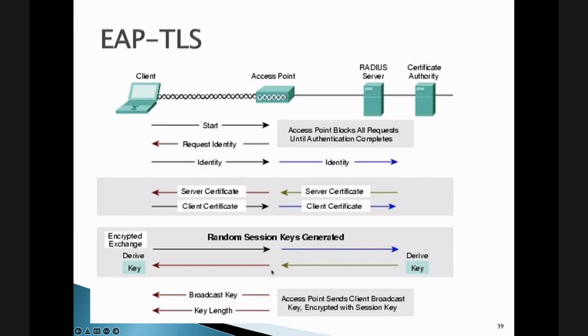After having these keys, the access point also sends the broadcast key to the client. These keys are used for single one-to-one communication, unicast communication. But sometimes the access point broadcasts or multicasts messages, and it needs a key for that as well. This key is sent after this, using one of these keys here.